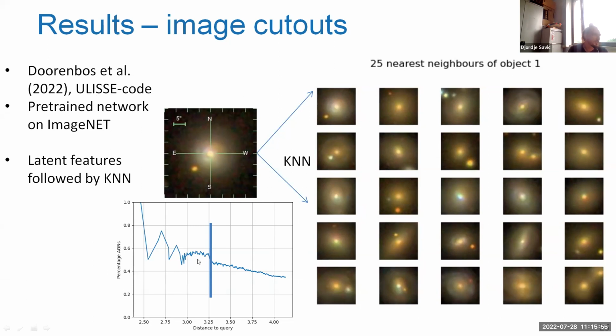If you set a threshold on the distance to the query and select all objects below it, in this case around 50% of the neighbor objects included are AGNs.